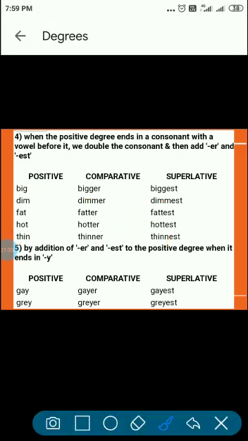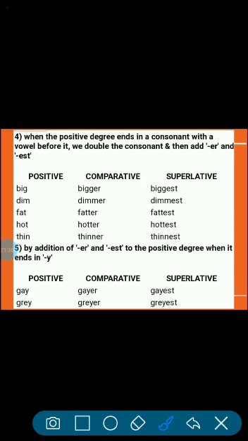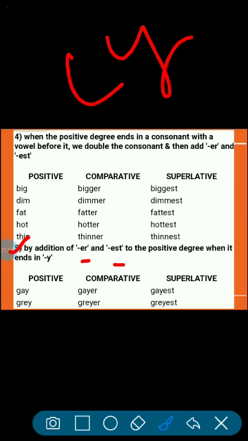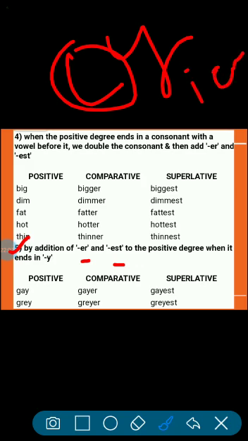Okay, here is rule number 5. By adding ER or EST to the positive degree when it ends in Y. Here you can look at it. In the last rule number 3, we discussed that if there is Y and there is a consonant before it, C for consonant, okay? When there is a consonant before a Y, we have to change Y into I, then add ER or EST, okay? But here in these examples, what do we see?